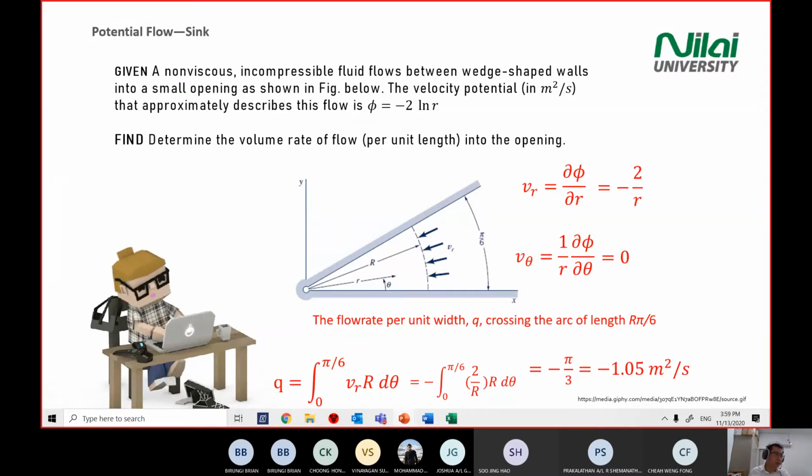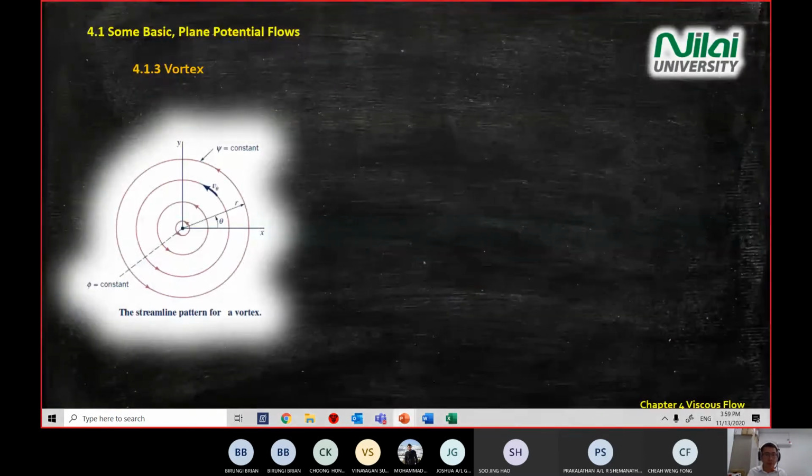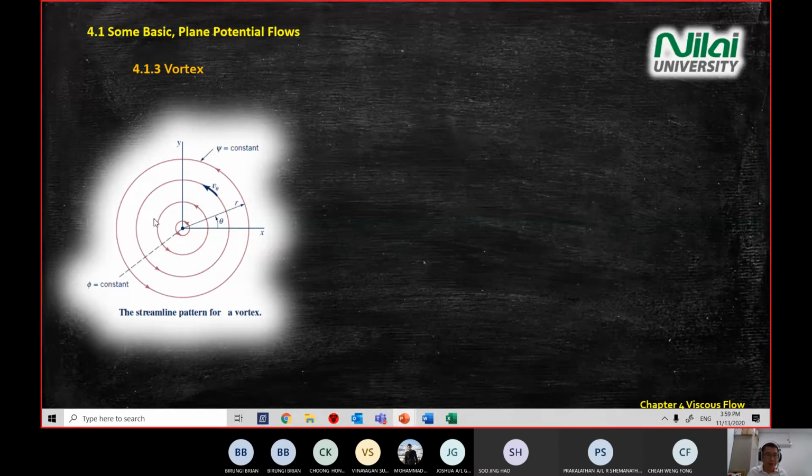We will continue to look at question number 5. Question 5 asks you to develop the velocity potential and the stream function for the free vortex in terms of circulation. Just now our flow was going outward. Now our flow is in the cylindrical direction.